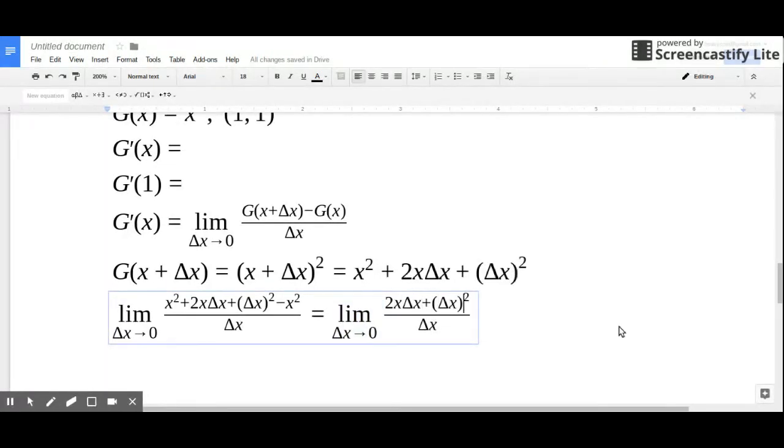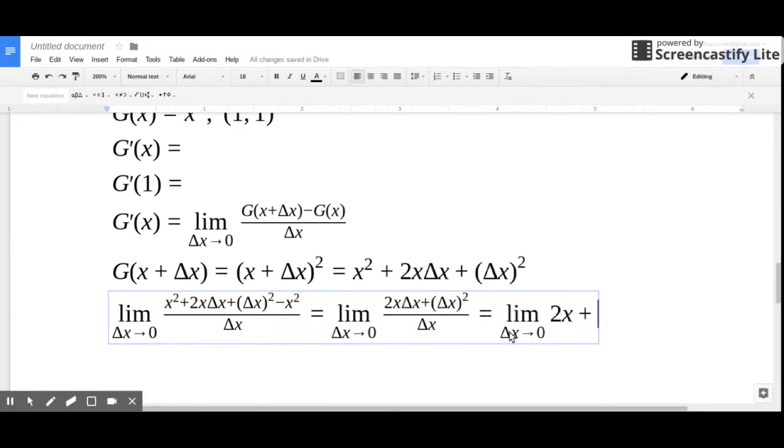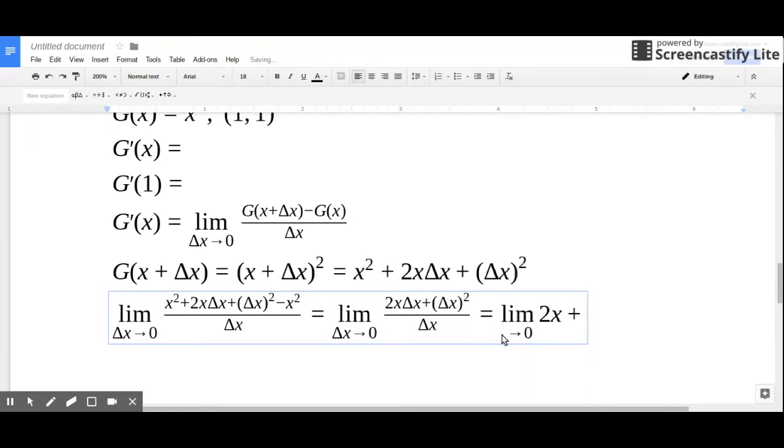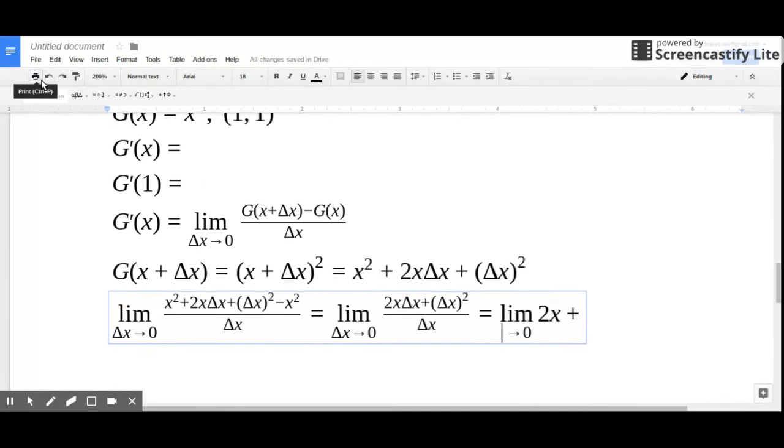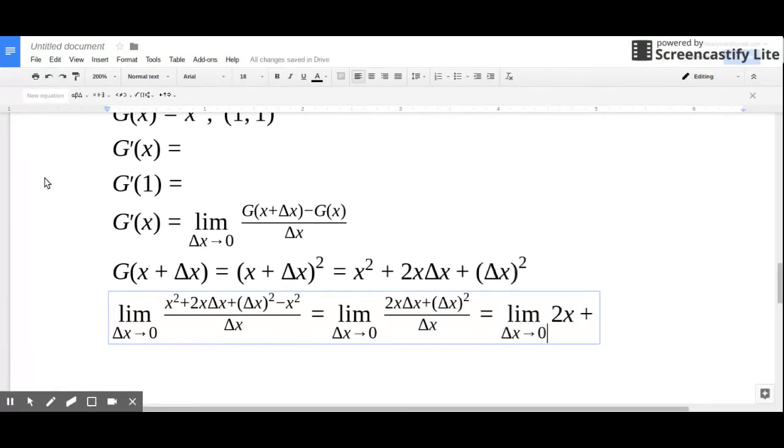We're going to end up with 2x plus delta x.